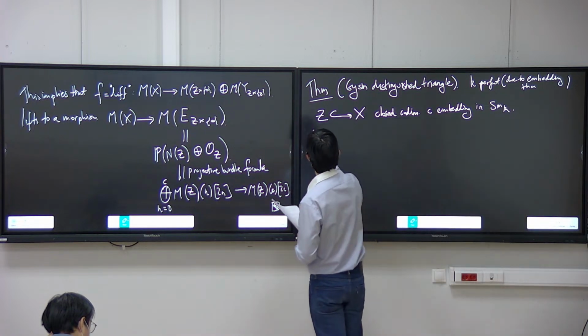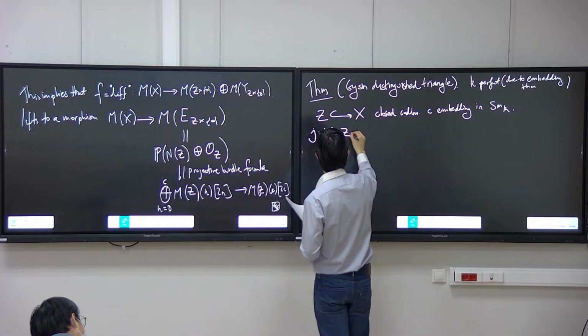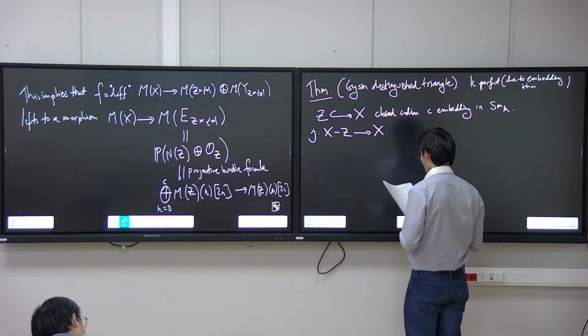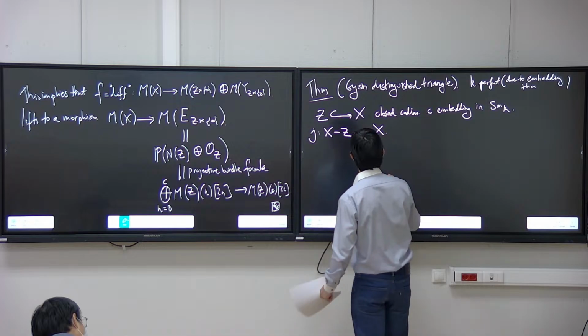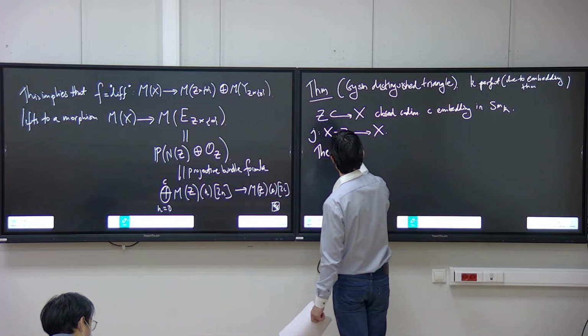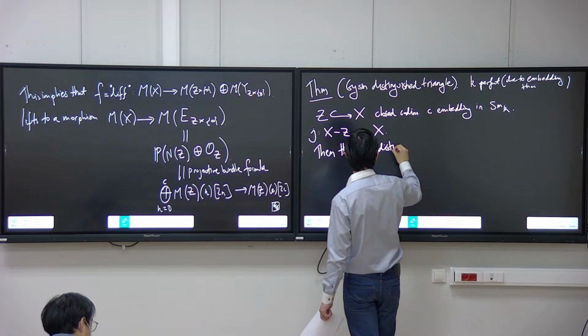Then I have the complement, which is open. And so the statement is that there is a distinguished triangle.